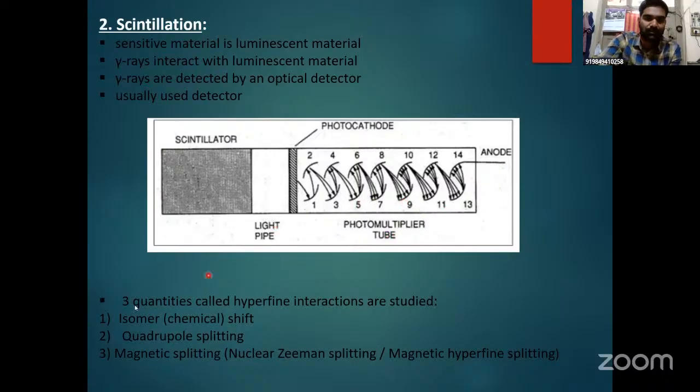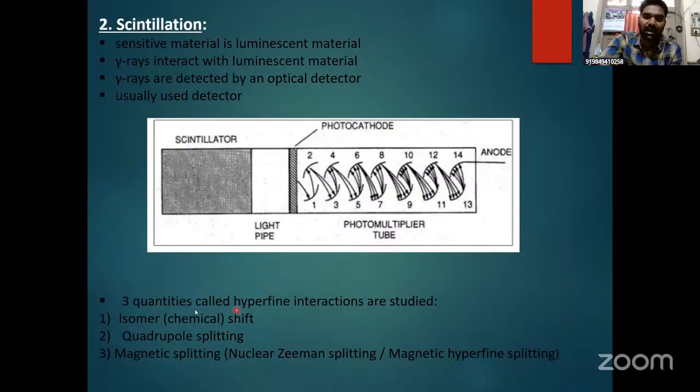Okay, so three quantities called hyperfine interactions are studied. So there will be a study of this effect in three quantities. Those are called hyperfine interactions. The first one is isomer shift.